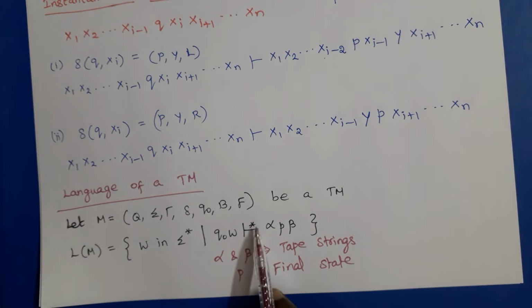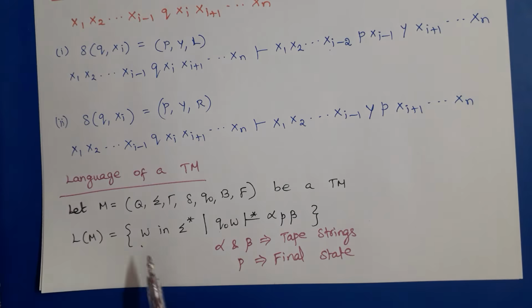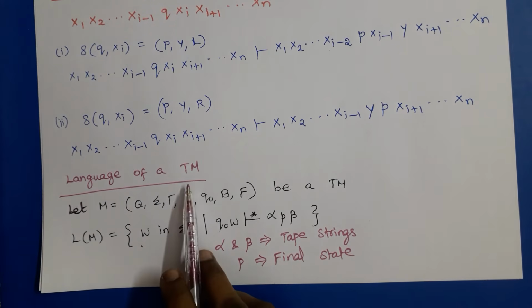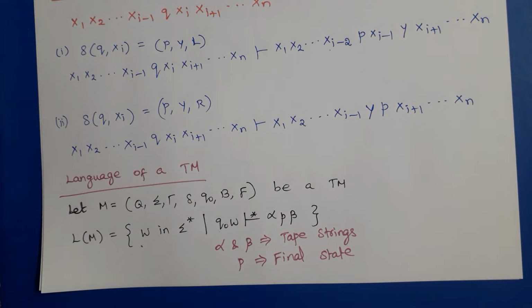In some number of moves, finally we have to reach the final state. The alpha and beta may be any tape string, it may be anything, but we have to reach the final state. So if we reach the final state, then we can say that w belongs to this particular language. And these languages are called recursively enumerable languages. That means languages recognized by Turing machines are called recursively enumerable languages.